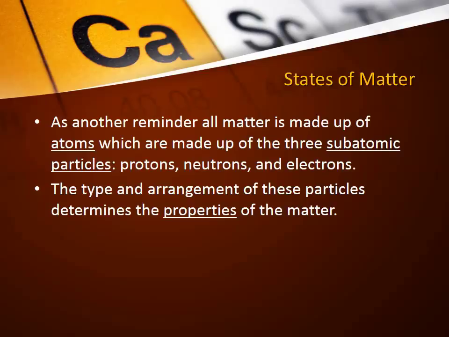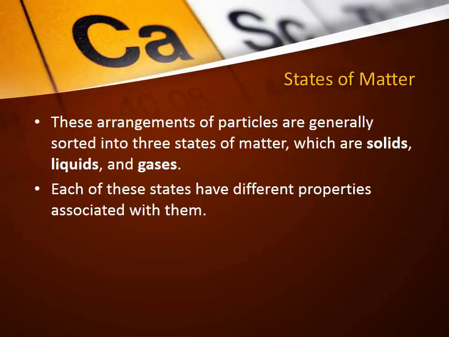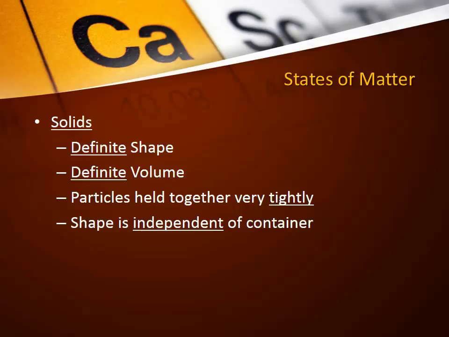The type and arrangement of these particles, meaning how many protons, or many other things for that matter, determine the properties of this matter. And that is actually one of the main reasons they can form in different states. So these are generally sorted into three states: solids, liquids, and gases. Each of these states has different properties that go with them. The first one we're going to talk about is solids.